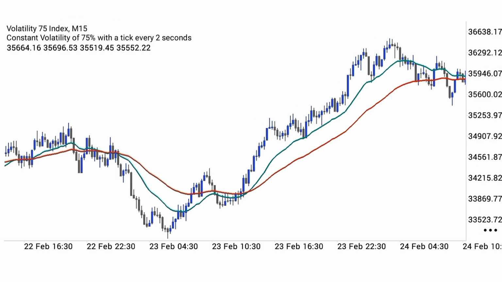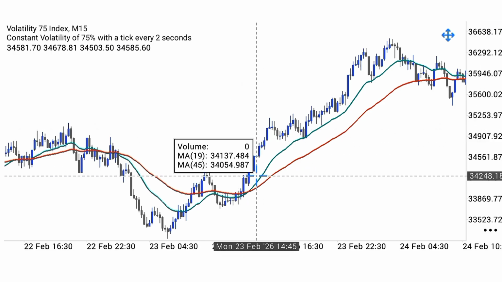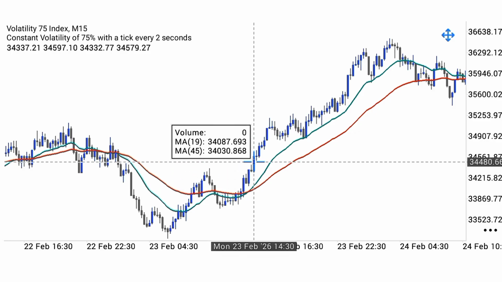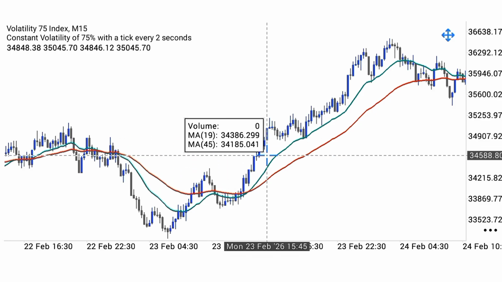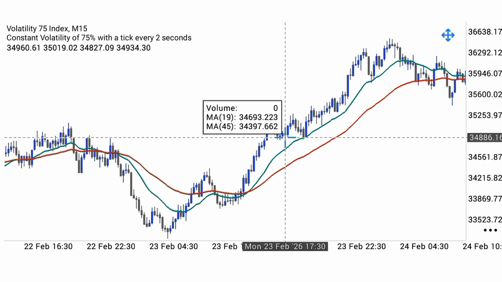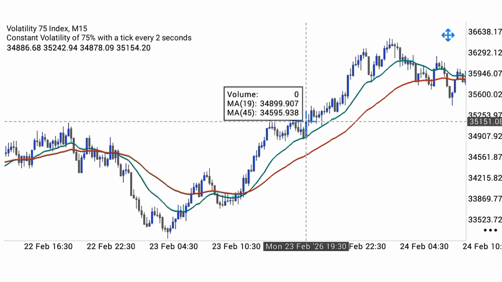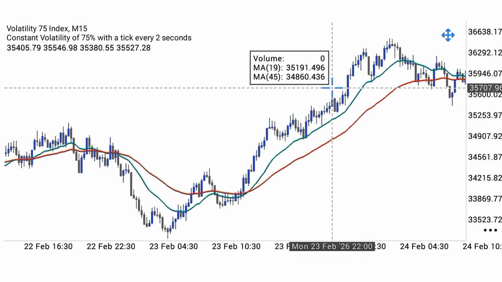So we have another good example here, and in this example you can see that the market crossed over here, and after the crossover, the candles didn't touch the moving average line until it got to this point.